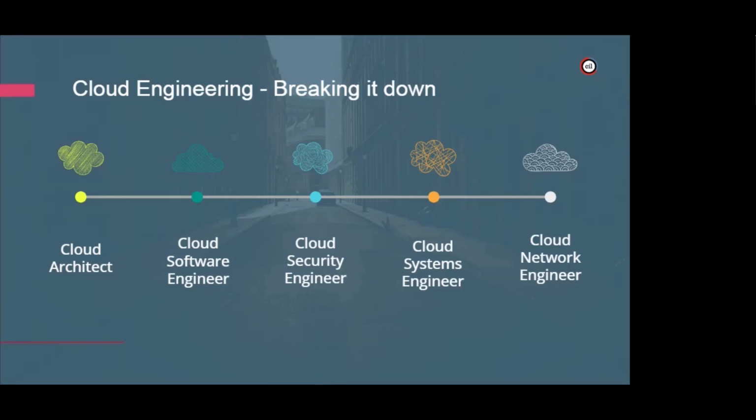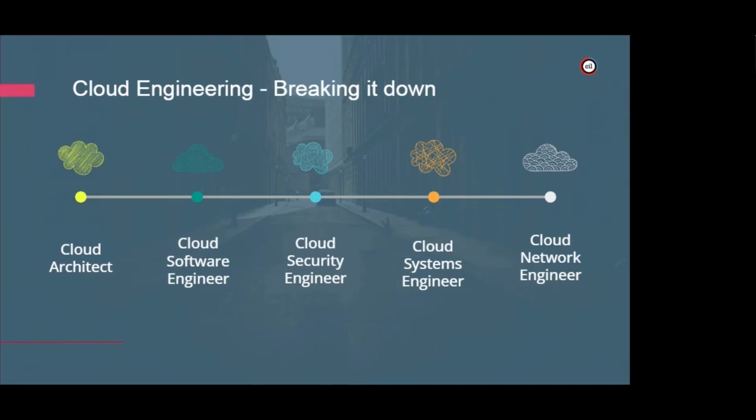The architect understands the components that are required to build out a complete cloud infrastructure and service. And so the architect focuses on designing what that should look like. If you've got a solution you want to implement, the architect is going to draw up the components that are required within the cloud resources and the cloud services to bring that solution to life.